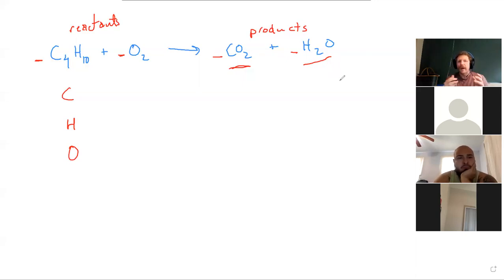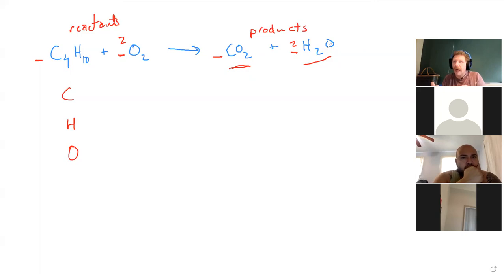The way that I like to balance chemical reactions is not to say, okay, let's throw a 2 in front of here, and then that gives me 4 oxygen, so then I'll put a 2 out in front of here because now I have 4 oxygen on my reactant side.